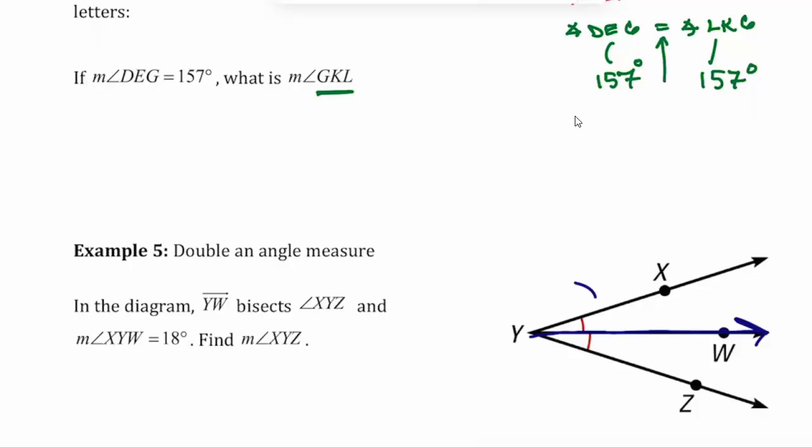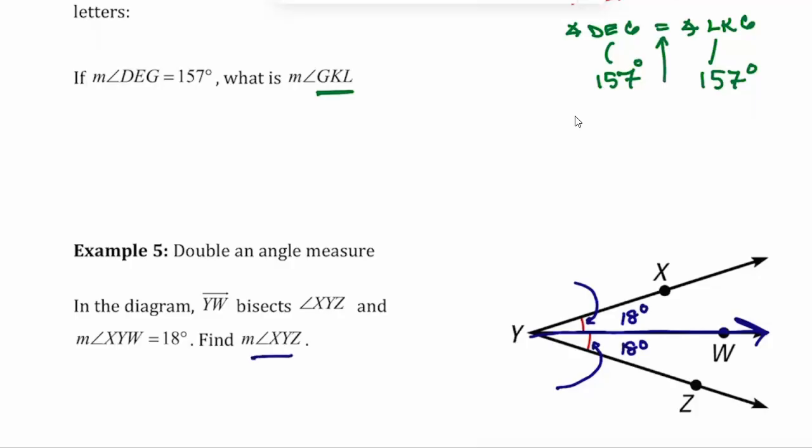So look what they did for us. They put these marks to tell us that these 2 pieces are equal. And then it says, and the measure of angle XYW is 18. If this is 18, then I know this is 18. Okay, what do they ask me for?